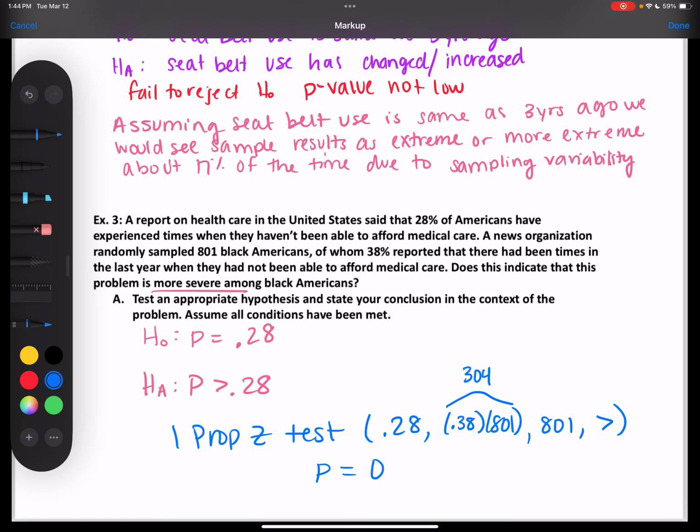Alright, so it wants a conclusion in the context of this problem. So are we rejecting or failing to reject? Reject.